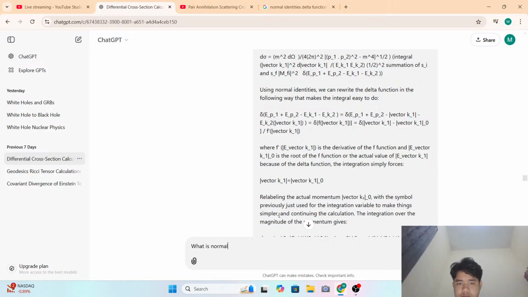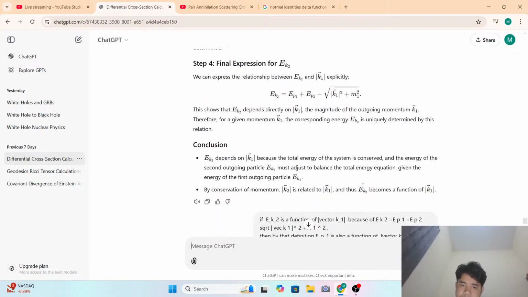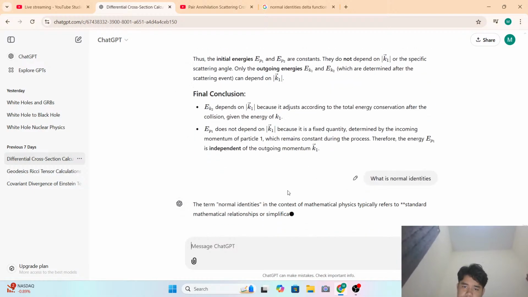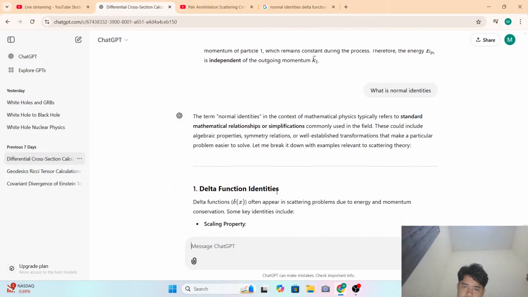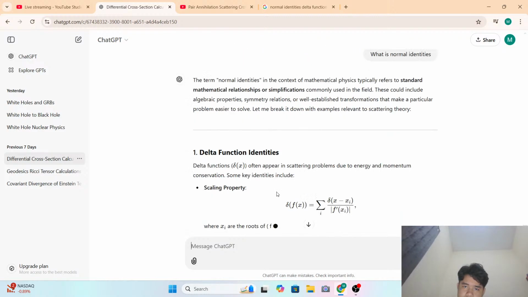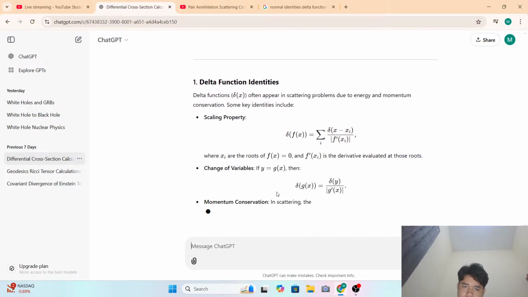What is normal identities? Scaling property.